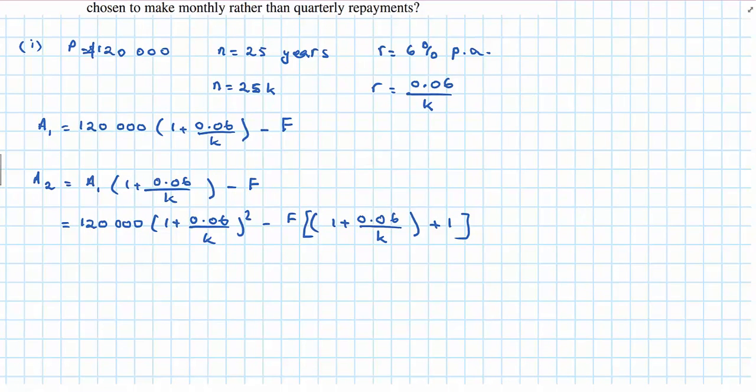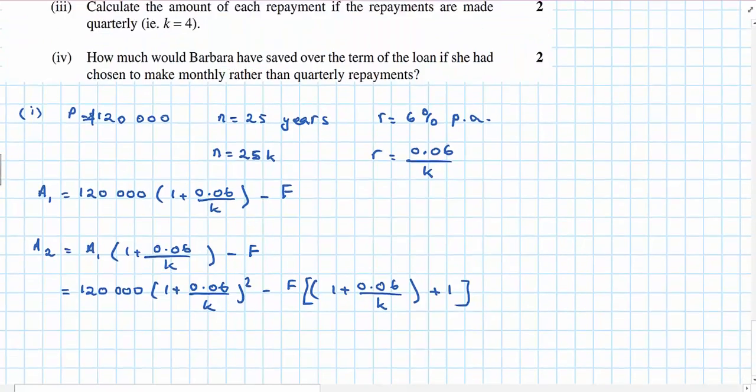So I've come up with an expression for A2. I have 120,000 times this thing here, squared, minus F, the same thing to the power of 1, and then plus 1, as we had in our previous example.